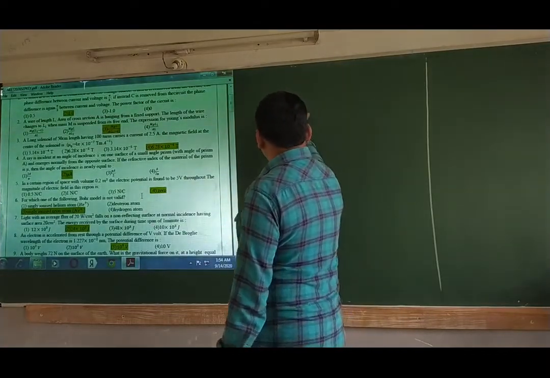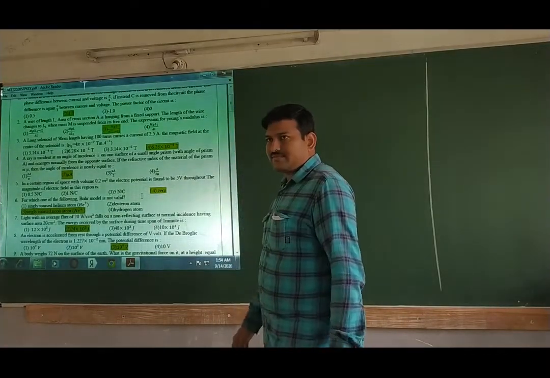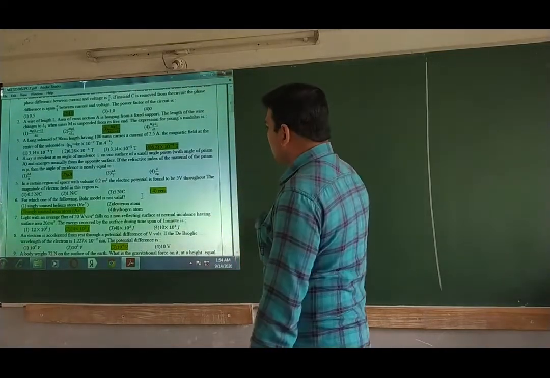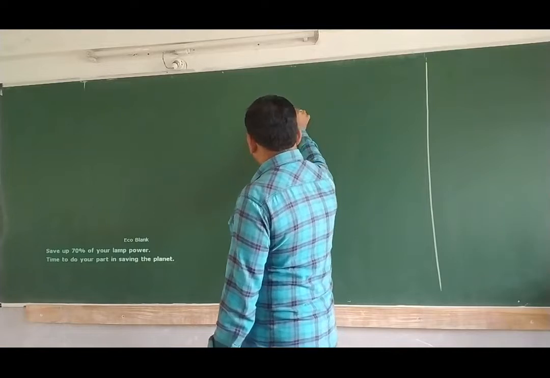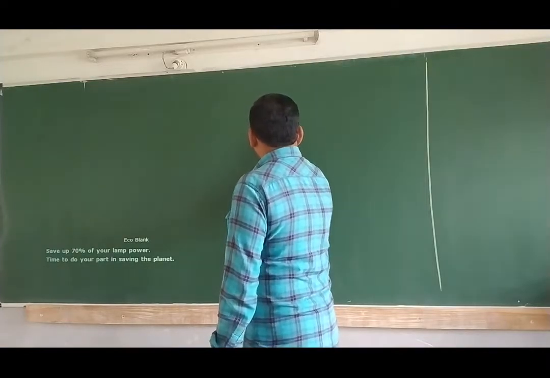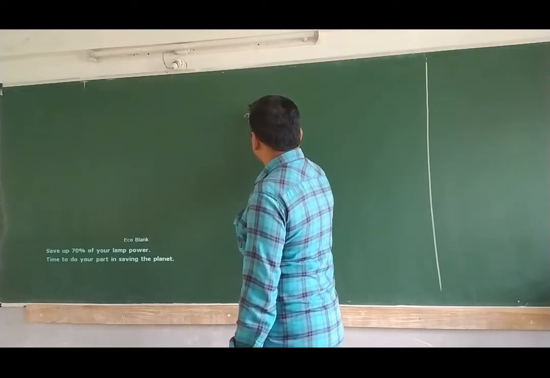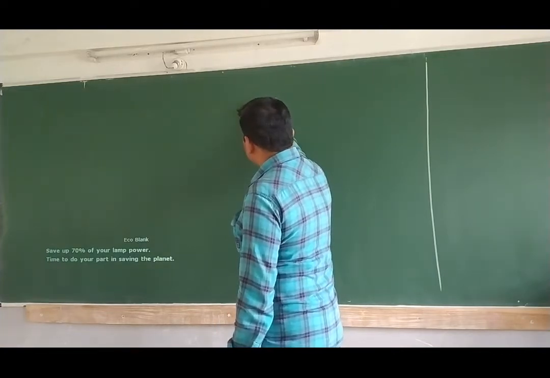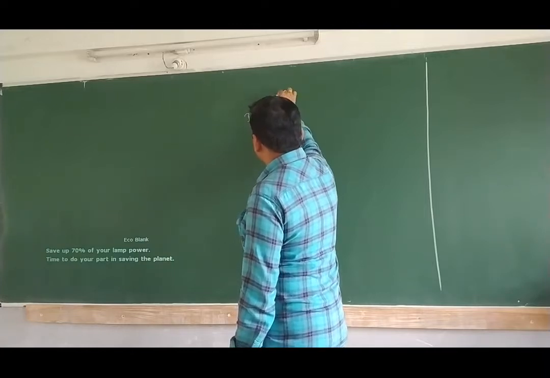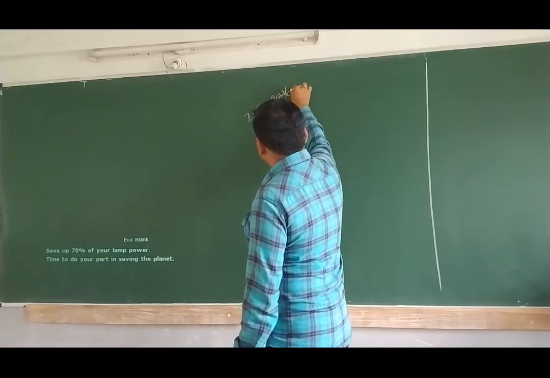See here, let us consider this is a surface. On this surface, light is falling like this. Intensity of the light falling is. Intensity is nothing but energy per unit area per unit time. This is given as 20 watt per centimeter square.